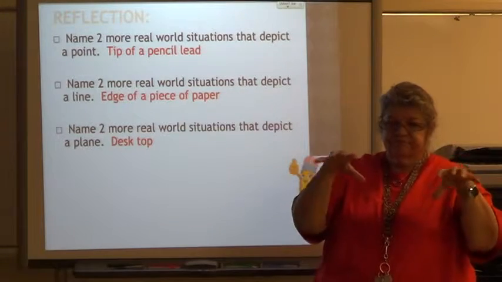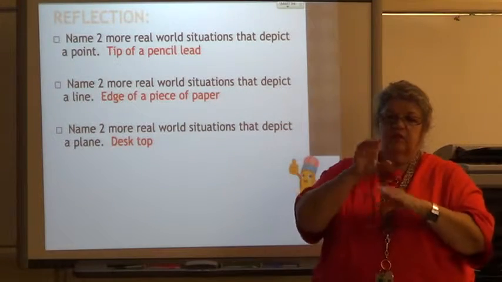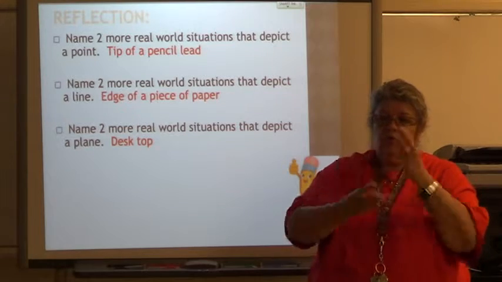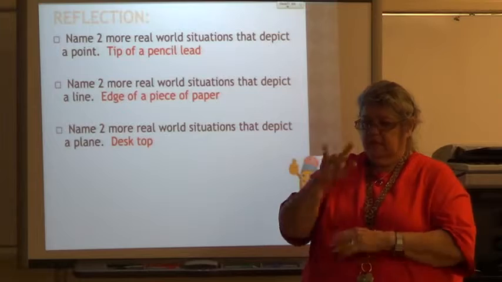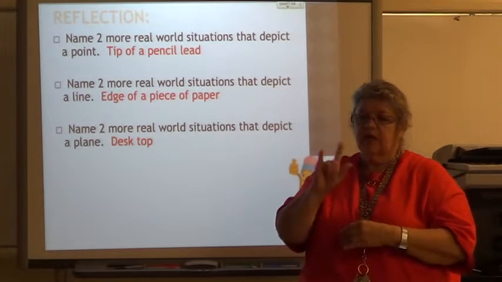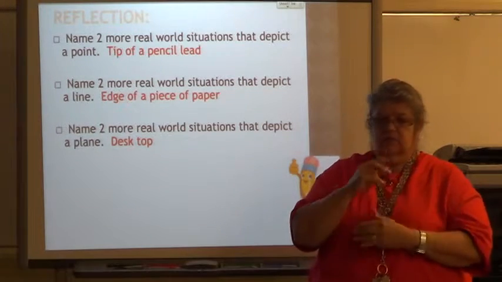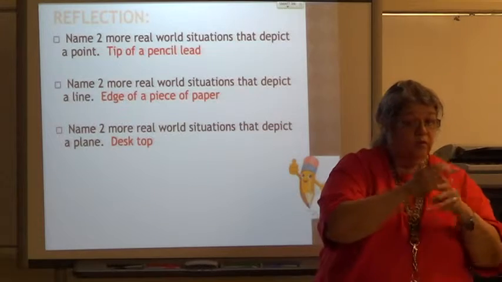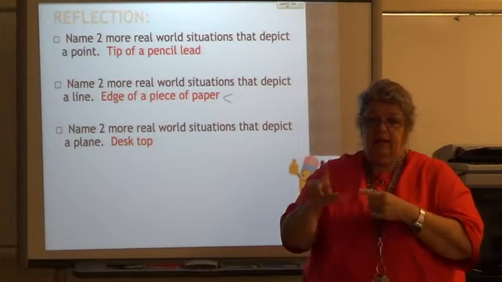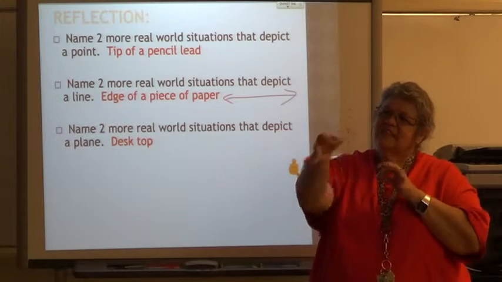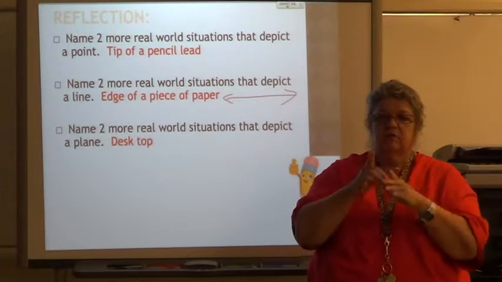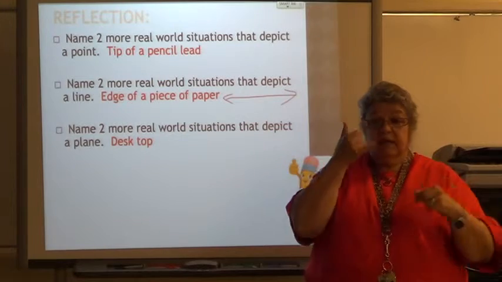Alright, so underneath your chart, I want you to name 2 more real-world situations that depict a point. The tip of a pencil lead is one that I would use. You cannot use that one. Name 2 more real-world situations that depict a line. The edge of a piece of paper would be one if it extended forever in both directions. It's really hard for us to think about things that extend forever in both directions in our world because they don't.